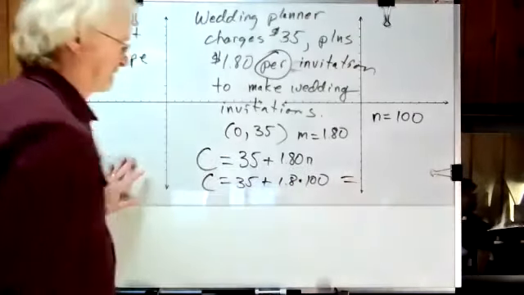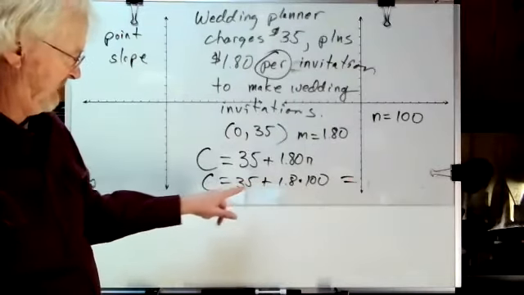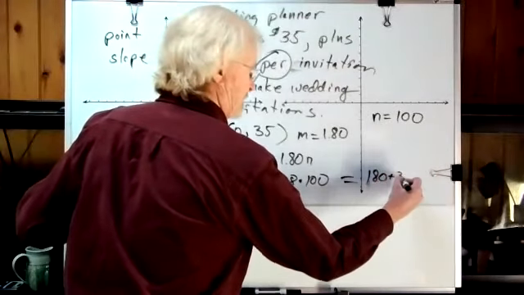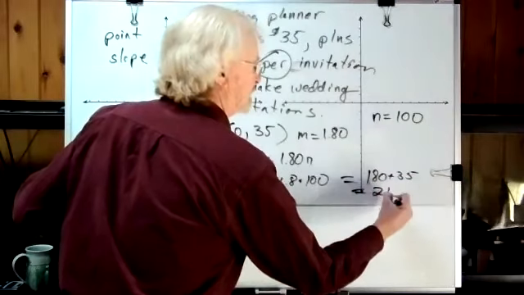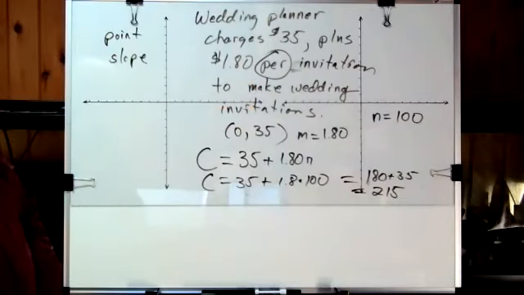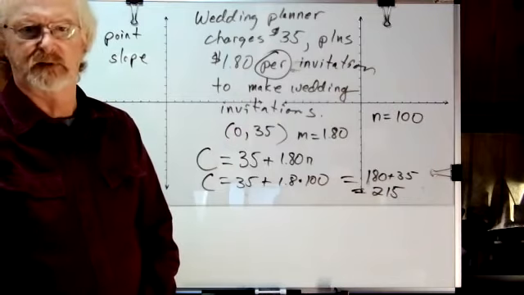Let's see, 180, right? 180 plus 35. $215. Why would I mark that partly wrong if you did that on paper?